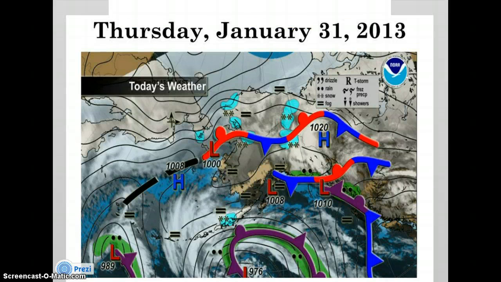So moving on to the 31st of January, you can see based on these isobar patterns that the air is moving north from southeast Alaska, and this is where on the 31st the temperature was still pretty consistent, and you can see there's the warm front in the low pressure system, where a low pressure system would imply some warmer temperatures.